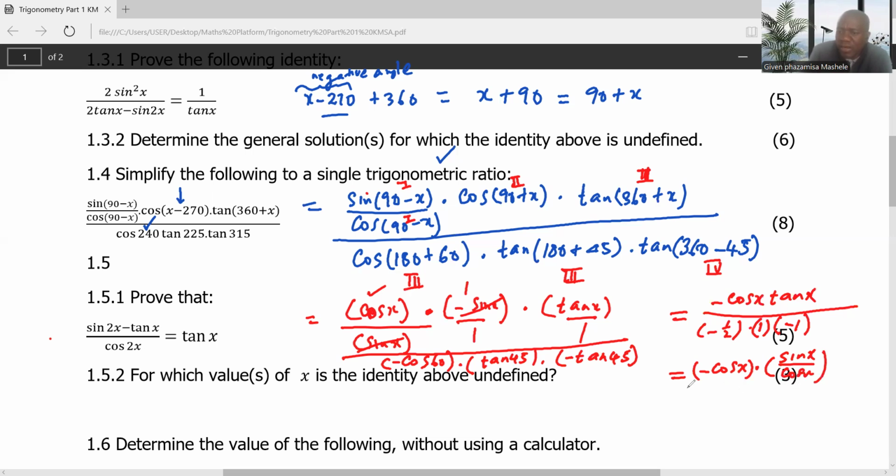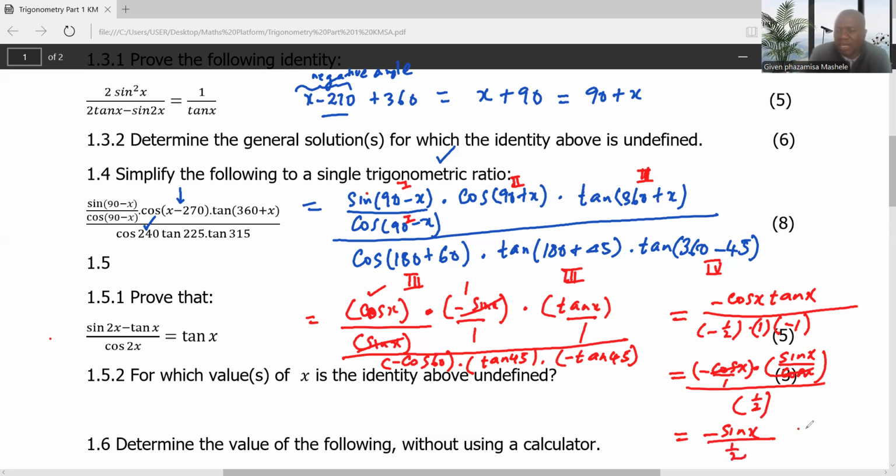Then we divide by minus half multiplied by 1, which is minus half times minus 1. This becomes half. And at the numerator, since sine over cos is a fraction, we can make this one over 1. We know for multiplication, the terms can divide. So we're going to remain with minus sine x over half.